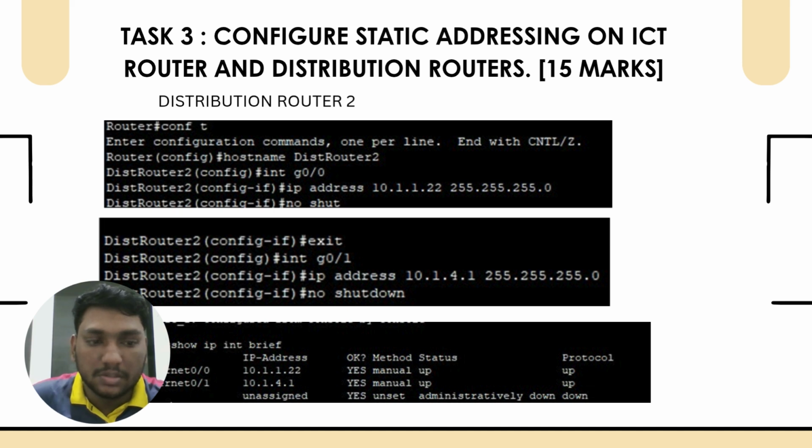For distribution router 2, interface G0/0 is configured with 10.1.1.22 and subnet mask 255.255.255.0. For interface gigabit Ethernet 0/1, the IP address is 10.1.4.1 with subnet mask 255.255.255.0. I used show ip interface brief to verify the IP addresses are assigned correctly.